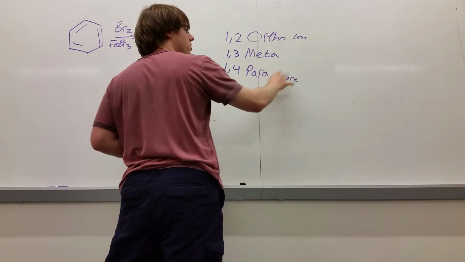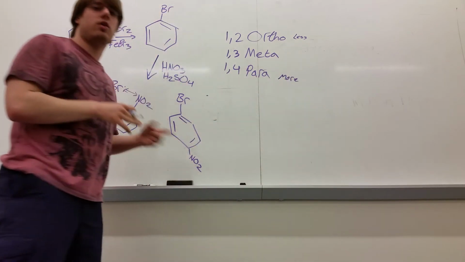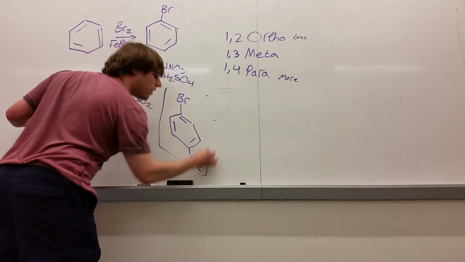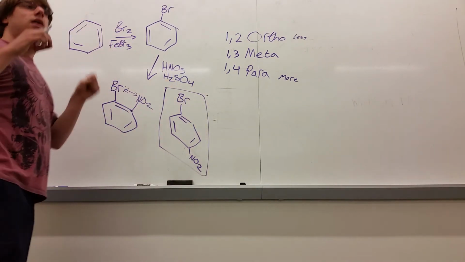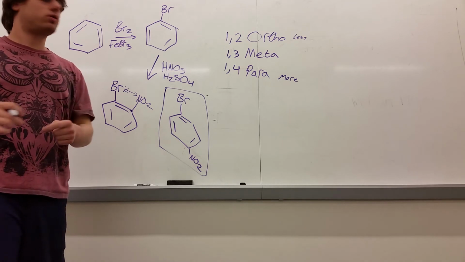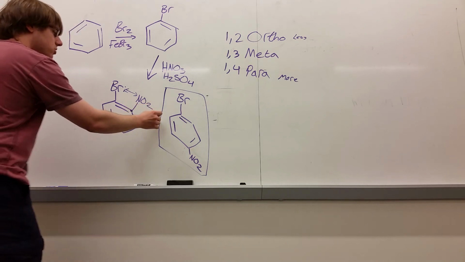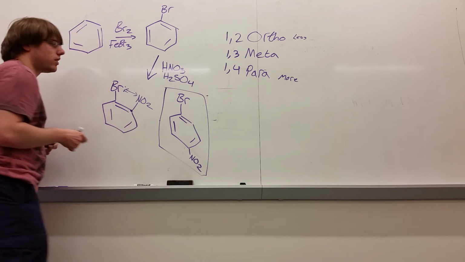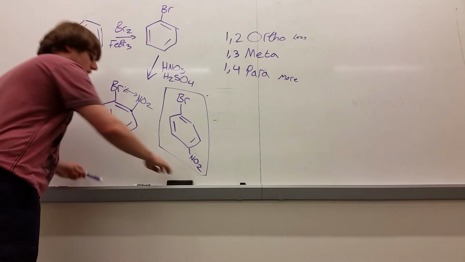And this is only comparing ortho to para, because if you have a meta director, it only directs meta. With that said, if you have both the ortho and the para positions available, add to the para position first. Okay? So this would be our major product, but if we were asked what the two major products are, we would put both the ortho and the para position products.